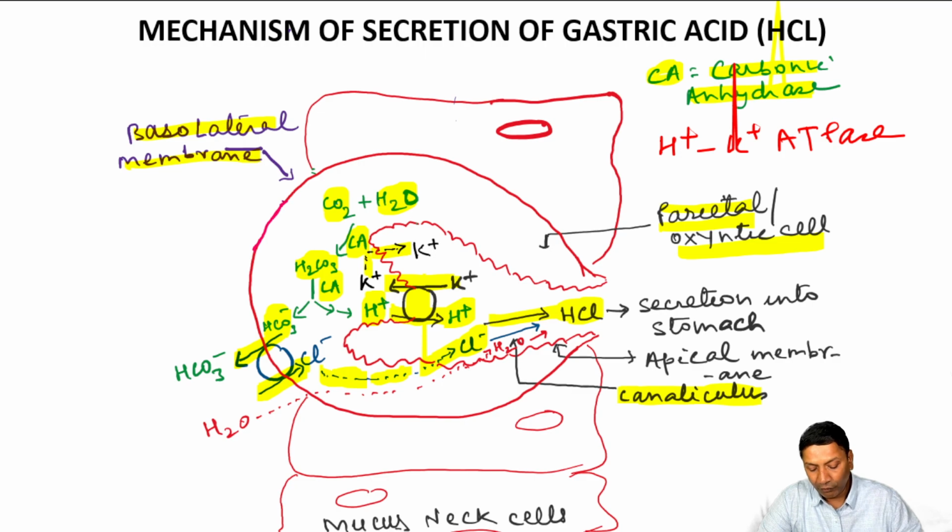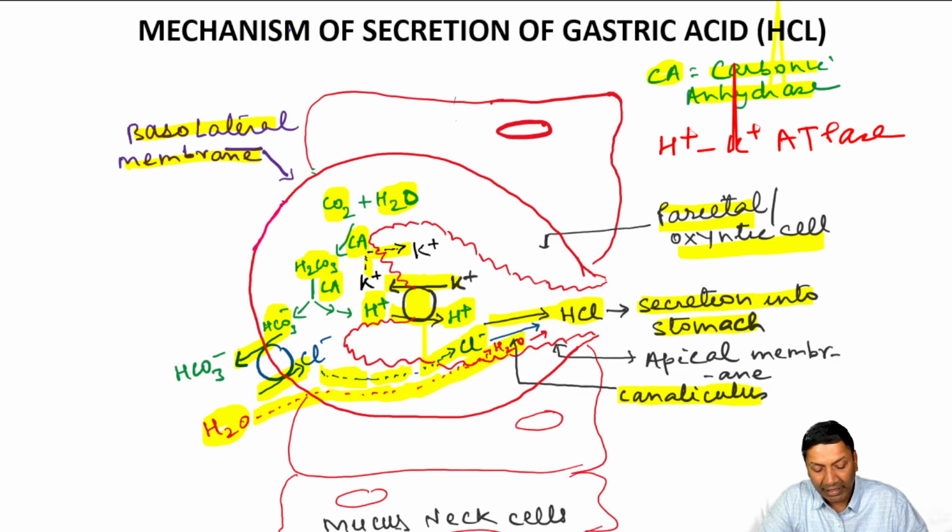Then water will enter the parietal cell from the interstitium, and this water is also secreted into the canaliculus of the parietal cell, right? This secretion, that is the HCl and the water, is secreted into the stomach. So this is how the gastric acid, or HCl, is secreted by the parietal cells into the stomach, right?